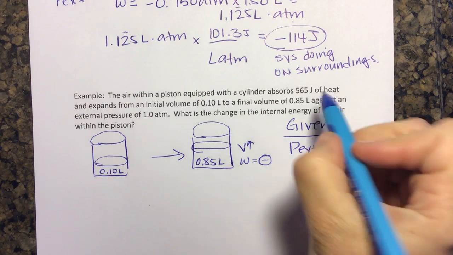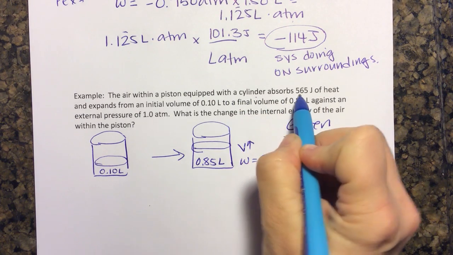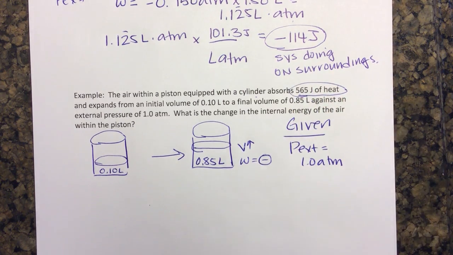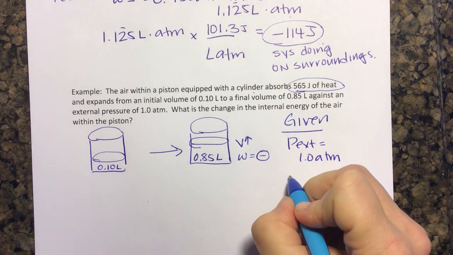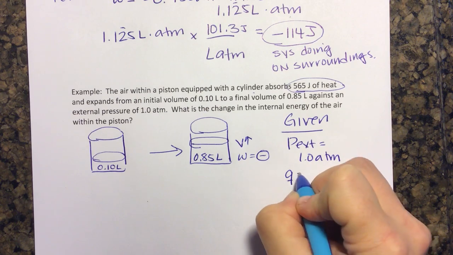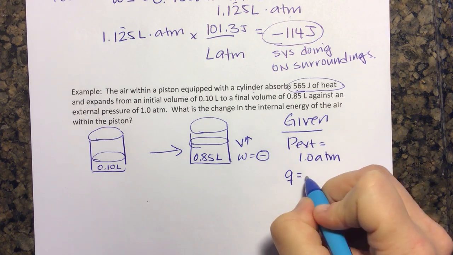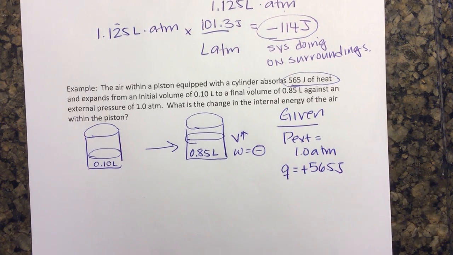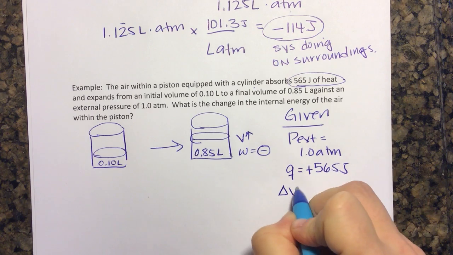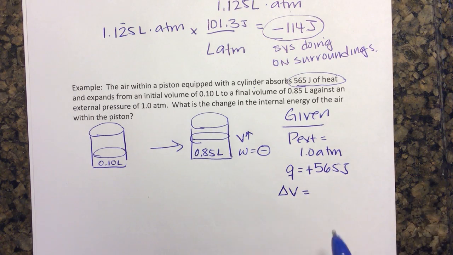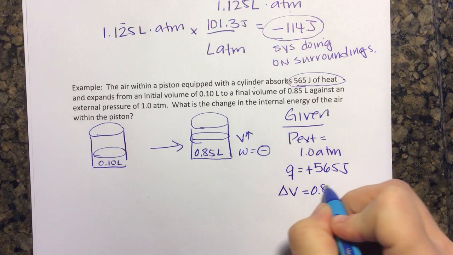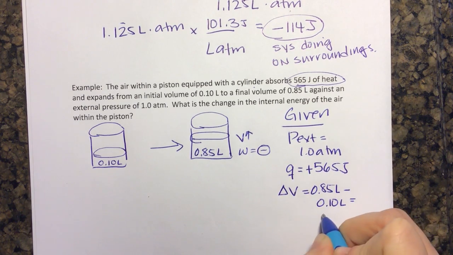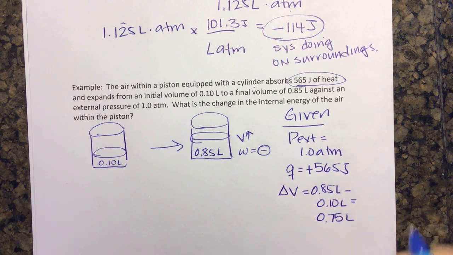And the cylinder absorbs 565 joules of heat. Remembering our sign convention, heat is Q, and if it absorbs, it's positive, plus 565 joules. Our change in volume is final minus initial, so 0.85 liters minus 0.10 liters, which gives us 0.75 liters.